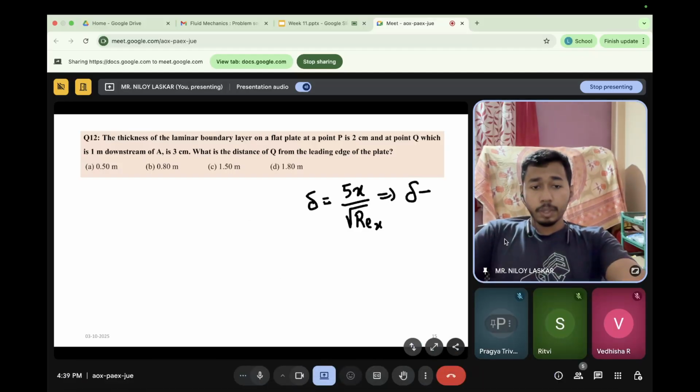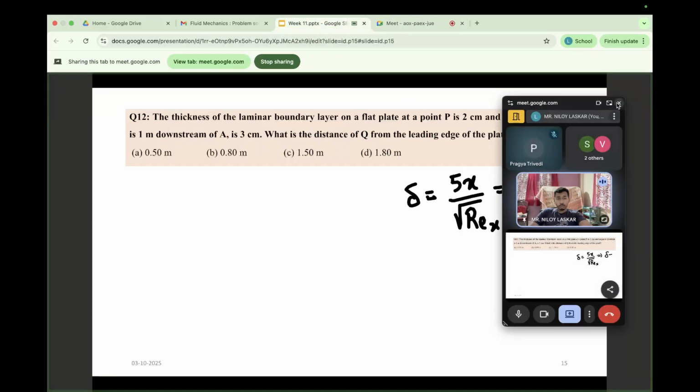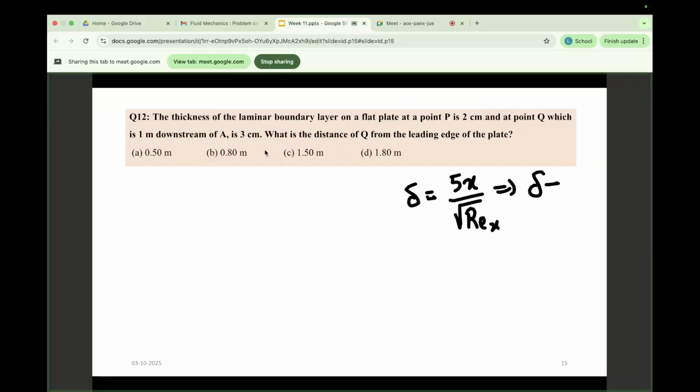Okay, I'm helping you with some hint so that you will be able to solve this one. So what is given in this question? Just see. The thickness of the boundary layer at a point P is given, that means this delta P is 2 centimeter. And what is given?